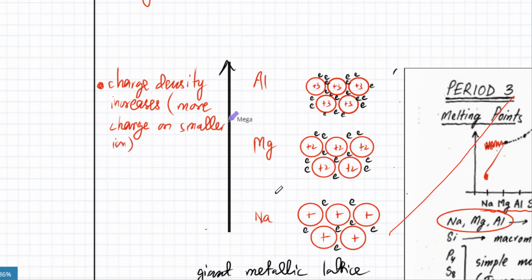And the second point is, charge increases and atomic radius decreases. Well, you've got a smaller ion. Okay, Zoha, is that clear? And the second thing is you've got more delocalized electrons.